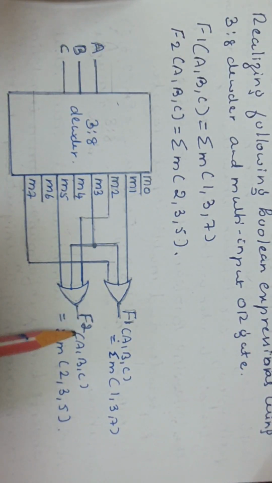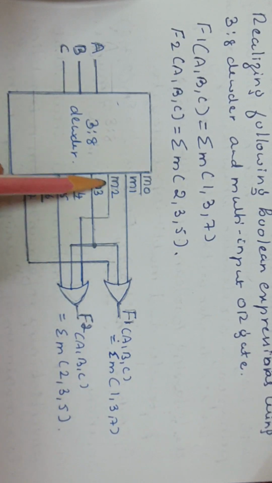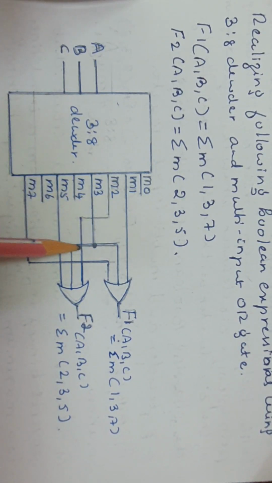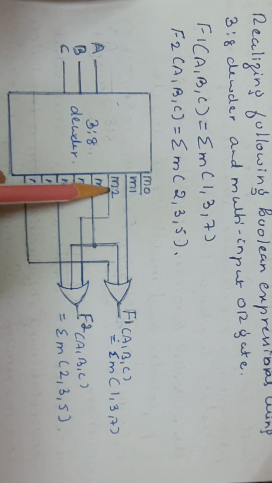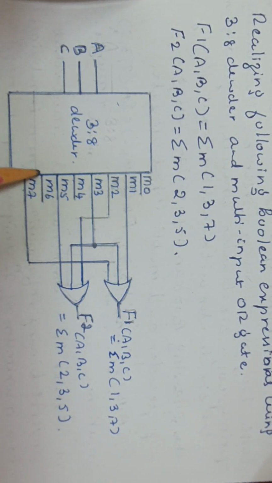Similarly, for Boolean function F2, minterms 2, 3, and 5 are taken and logically ORed, and at the output we have F2 of ABC equal to sigma M of 2, 3, 5. Because only for these input combinations, 0, 1, 0 that is 2, 0, 1, 1 that is 3, and 1, 0, 1 that is 5, the minterm 2, 3, and 5 lines will be 1.